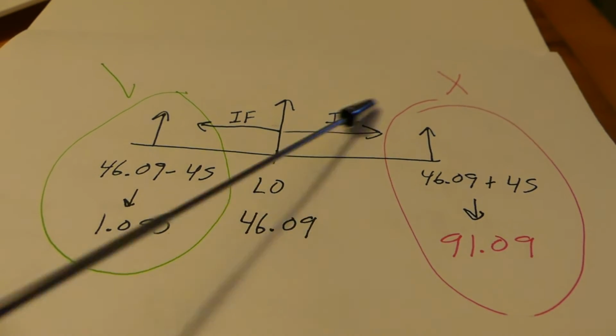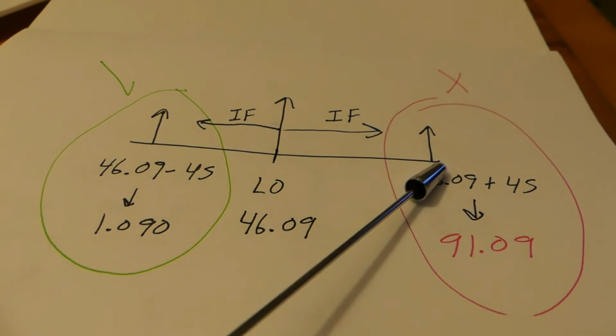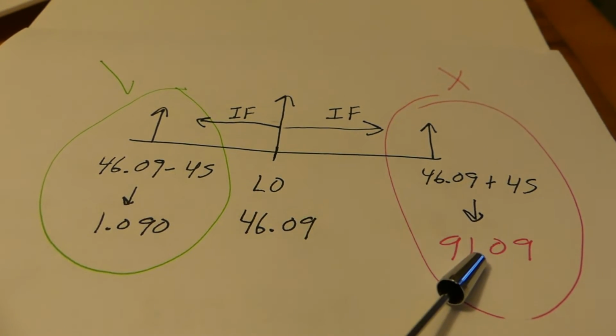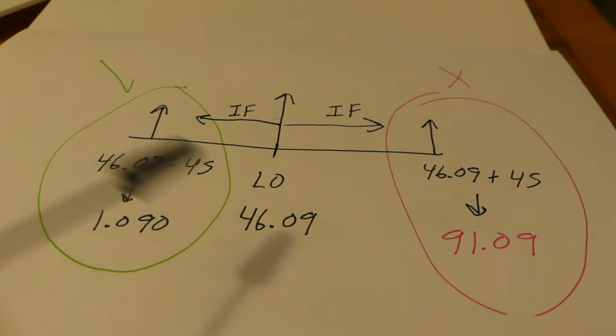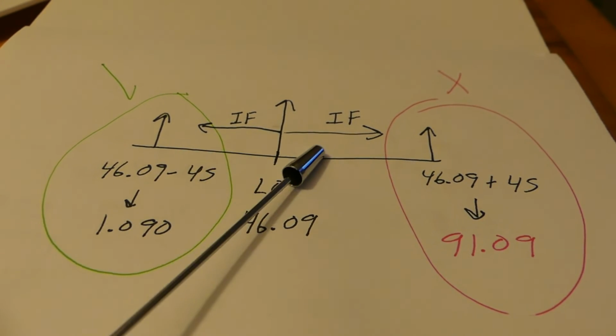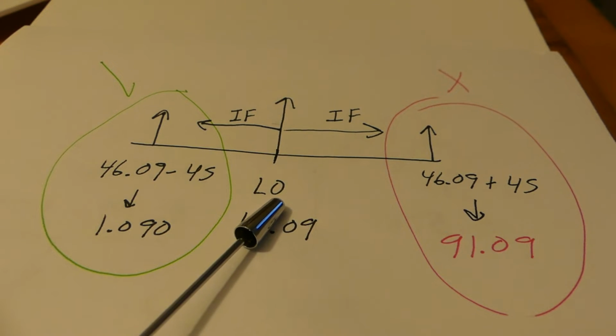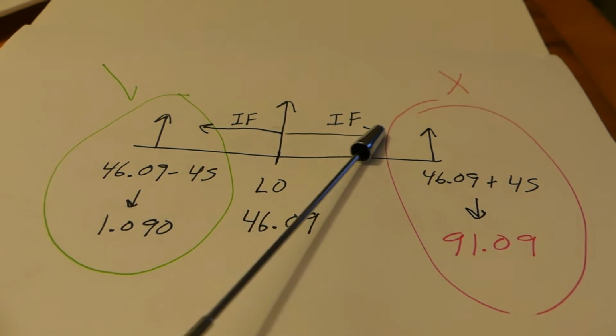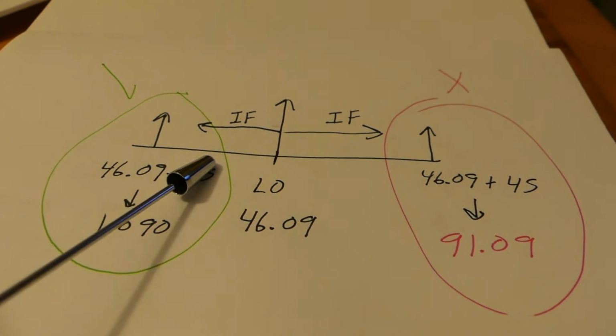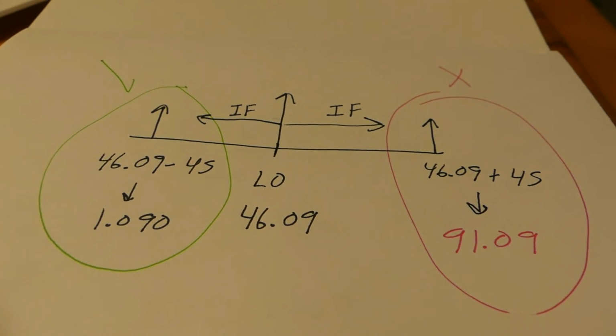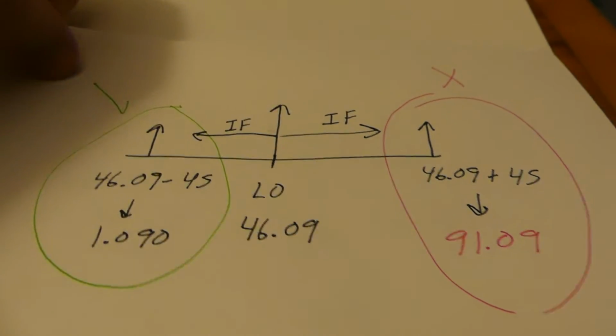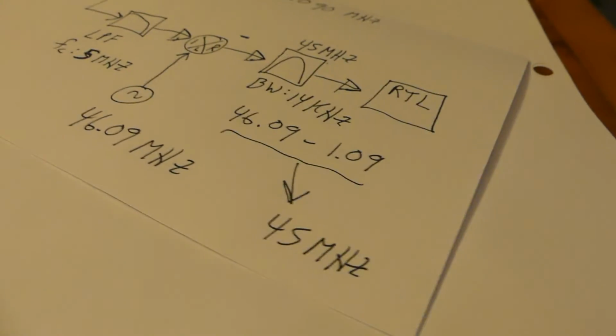So we need to have a filter here to filter out this image frequency. And you can start seeing by this diagram here that you want to have your LO and your IF be as wide as possible so that it makes the job of filtering not that much difficult.